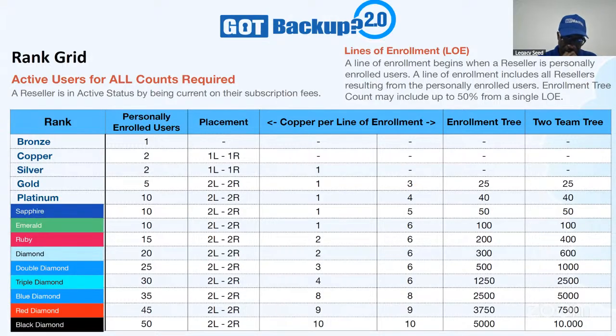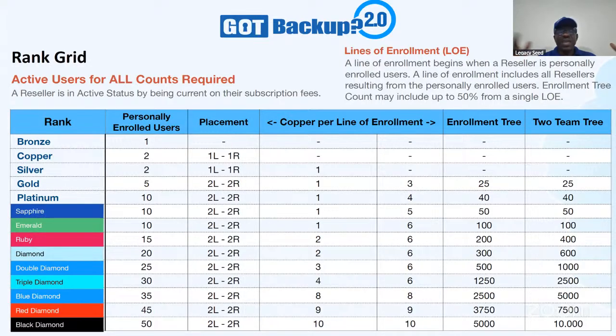Bronze is when God Backup signs up one person through you, or acquires one customer through you. You are called a bronze. Now, if God Backup acquires 2 people through you, you are called a copper. There are some technicalities there. You have to place them properly for that to happen.